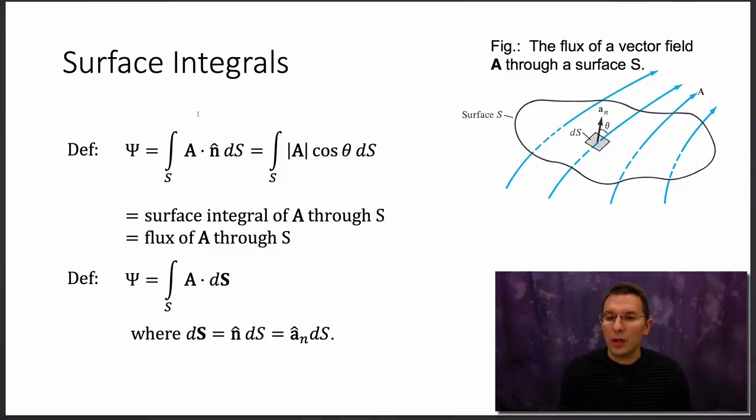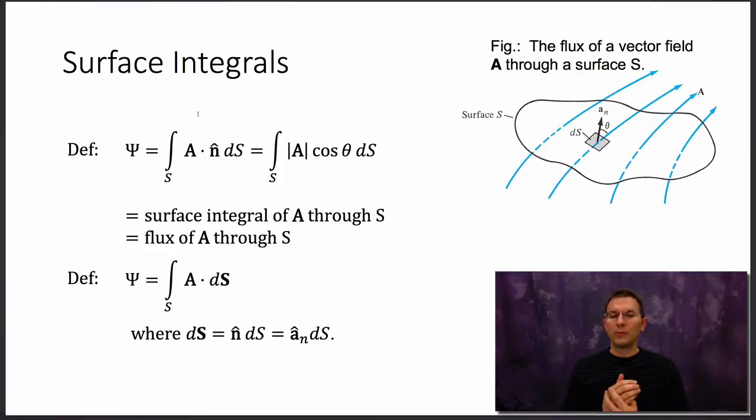There's some interesting physics that you can understand when you understand flux integrals. For instance, one way I always try to explain this is if you think about water flowing through a pipe, and let's say that you take a cross-section of the pipe, and at every point along the cross-section you can define a velocity for the water.